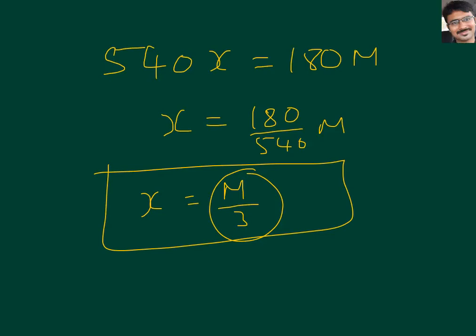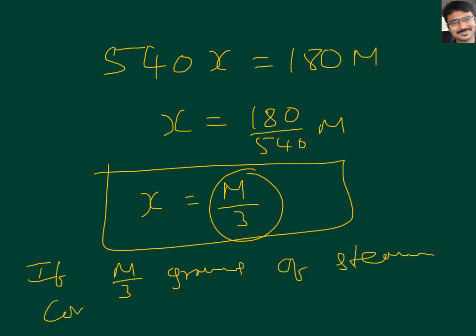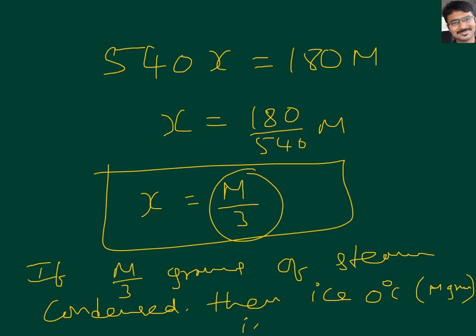So what I understood is, if just m by 3 grams of steam is condensed, it is sufficient. Steam condensed means it changed to water, then ice at 0 degrees centigrade of mass m grams is converted to water at 100 degrees centigrade.